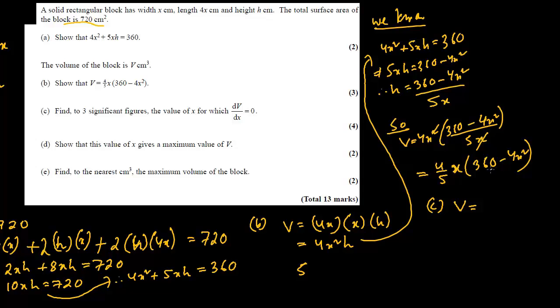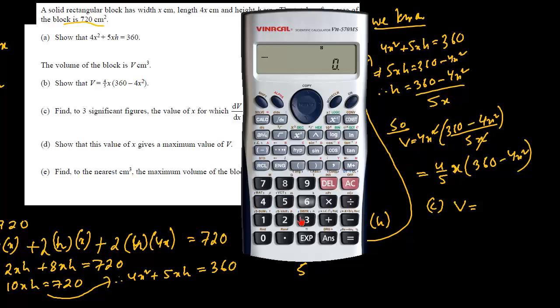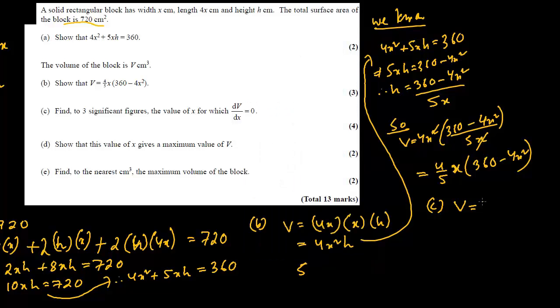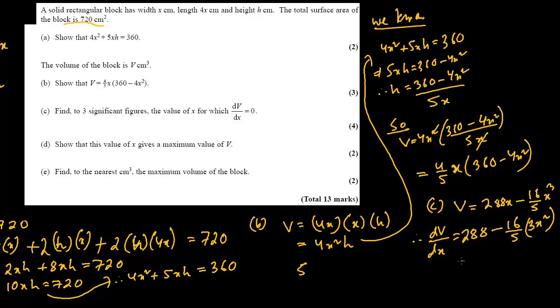So 4 by 5x into 360 is going to be 4 into 360 divided by 5, and that is going to be 288x, minus we have 4 4s are 16 by 5 x cubed. Therefore, let's do the derivative. dv by dx is going to be 288 minus, this is going to be 16 by 5 is the constant, and derivative of x cubed is 3x squared.